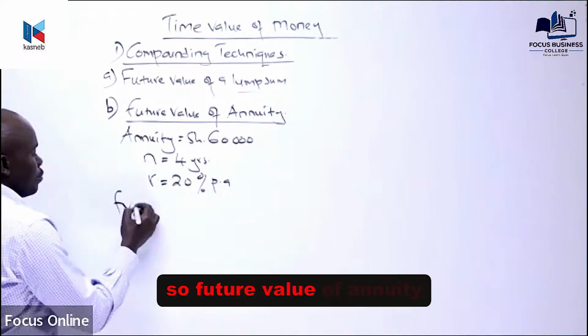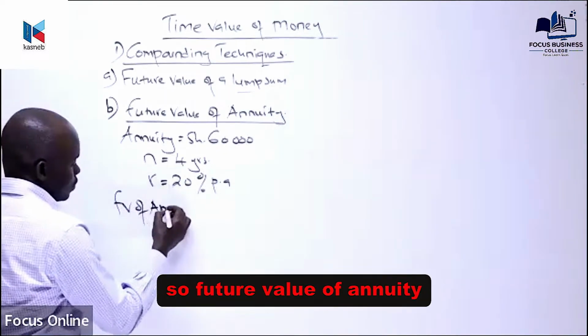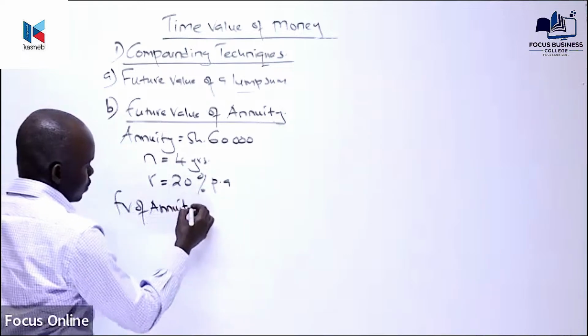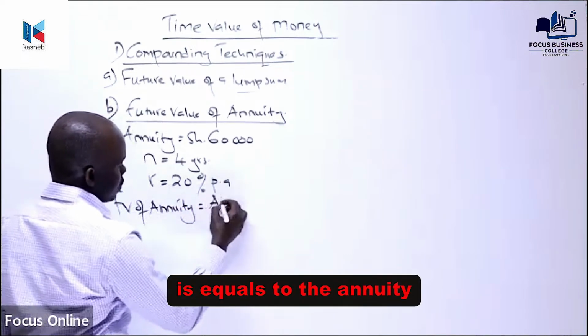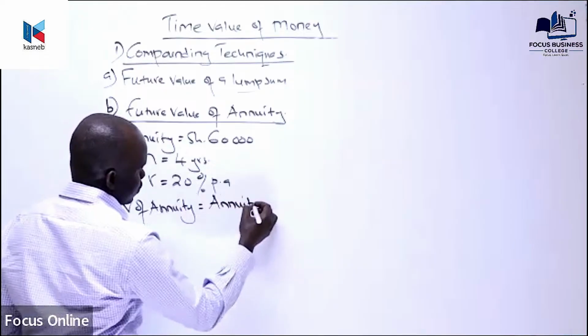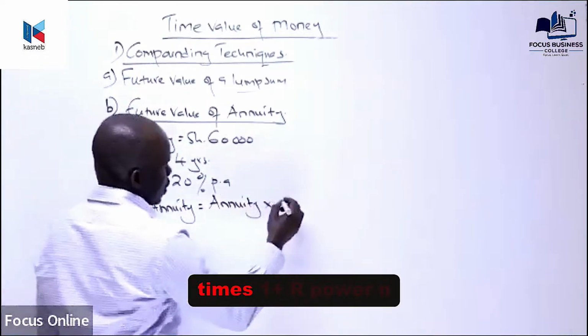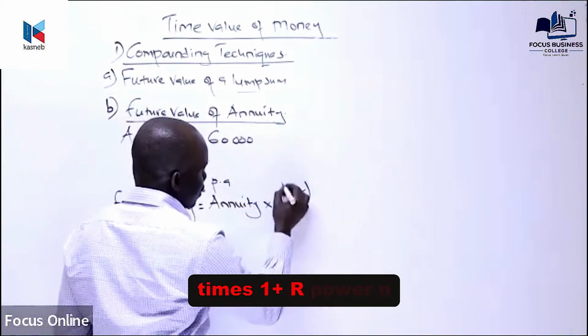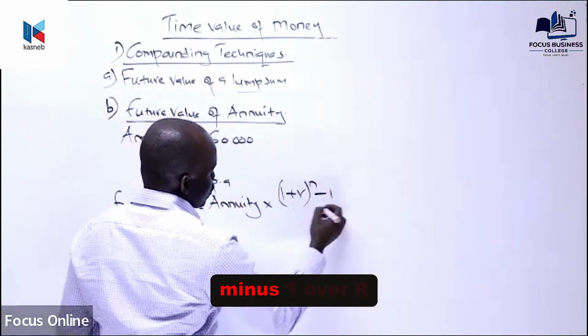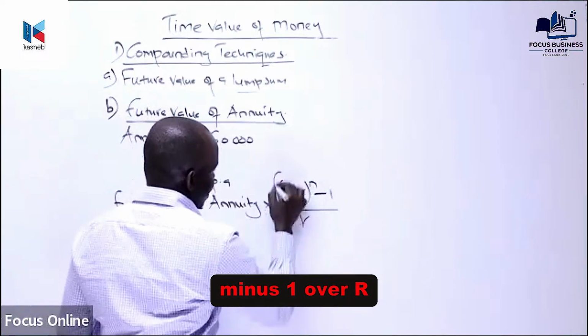So the future value of an annuity is equal to the annuity times (1 plus r) power n minus 1, over r.